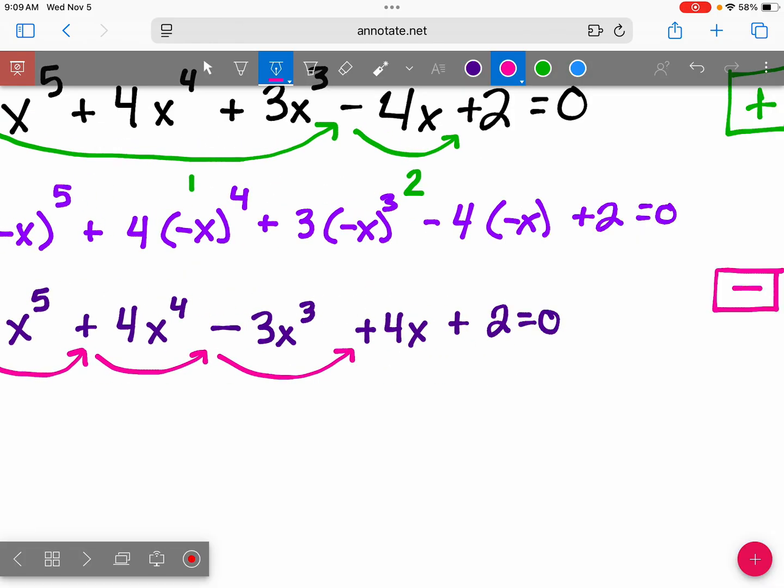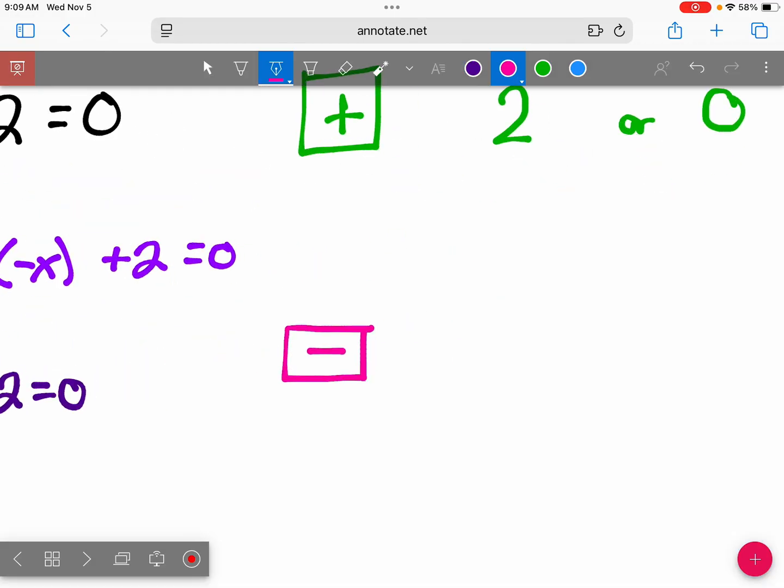And then we just have a plus till the end. So this one has 3 sign changes. So I could have up to 3 negative roots. What's my other option? Not 0. 1. We count down by 2s. So 2 or 0, 3 or 1. It's always going to be skipping 1.